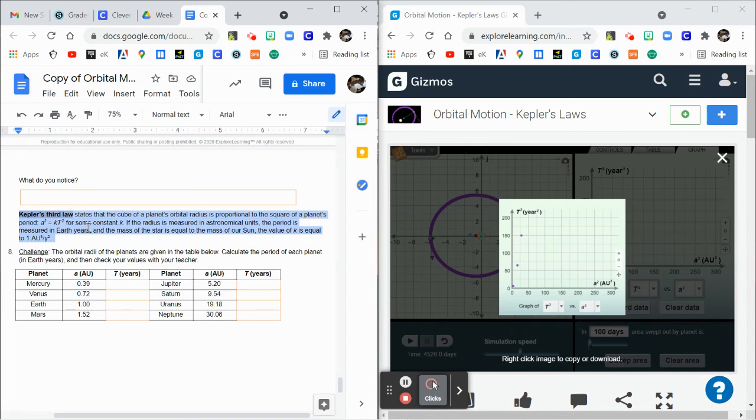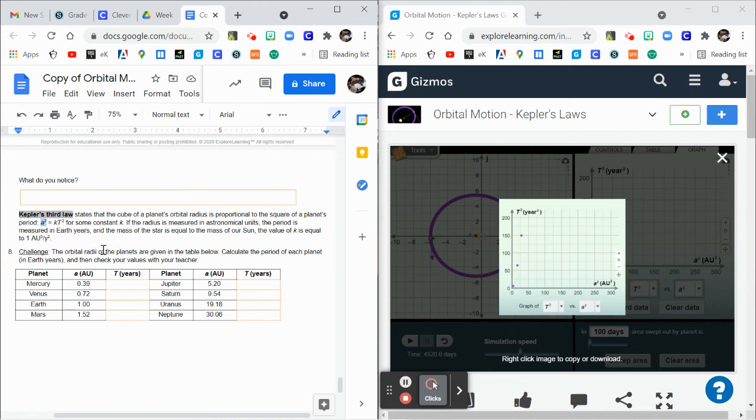So a cubed equals k t squared for some constant. If the radius is measured in astronomical units, the period is measured in Earth years, and the mass of the star is equal to the mass of our sun, the value of k is equal to 1 astronomical unit cubed divided by years squared.